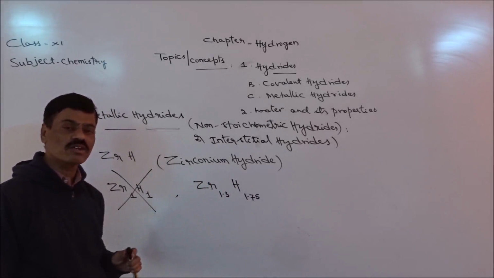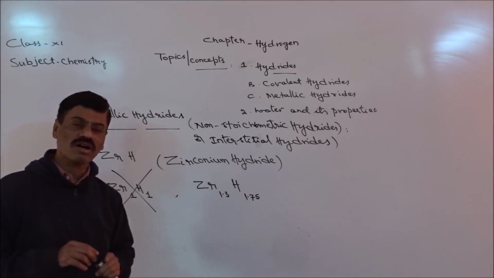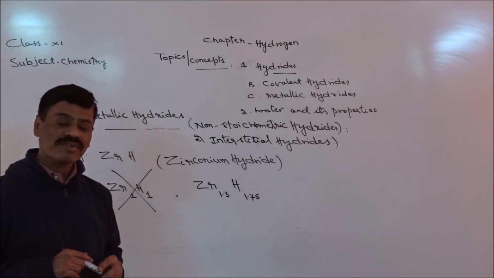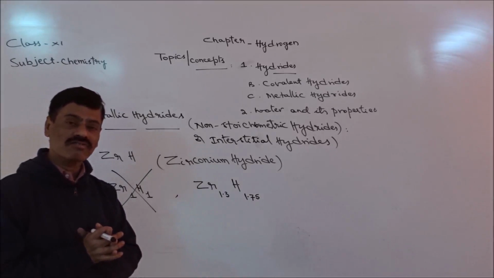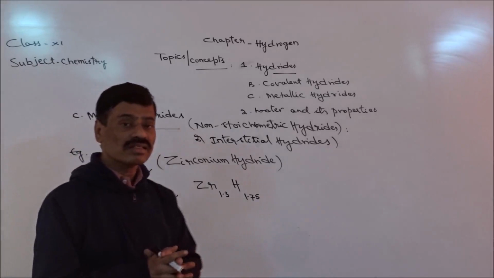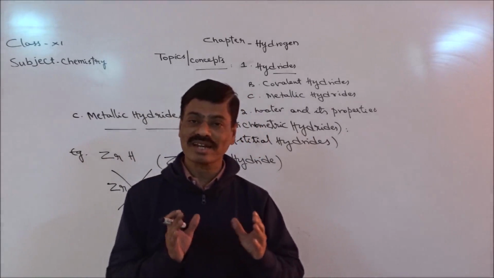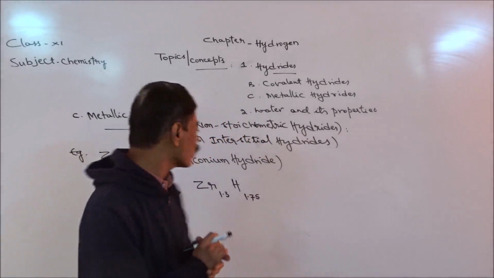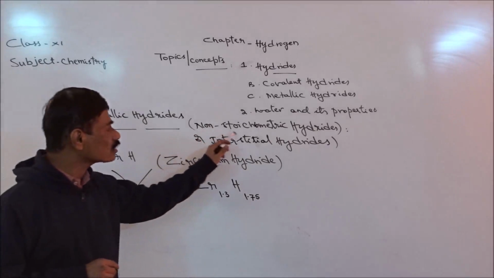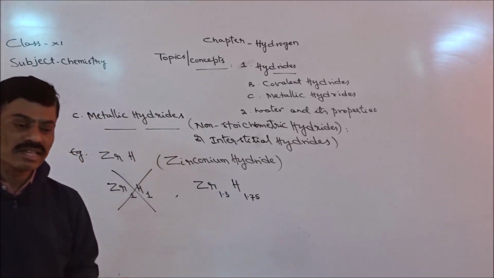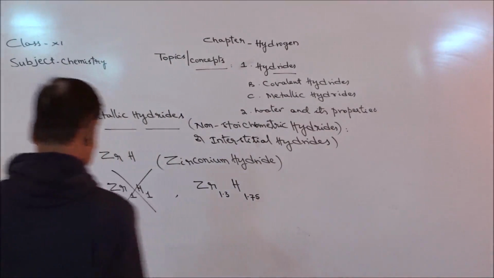So a non-stoichiometric hydride is one wherein the real or actual ratio of different atoms of the elements present in it is not equal to the molecular formula of the compound, how it apparently looks. That is the reason why these metallic hydrides are also known as non-stoichiometric hydrides. So that's about the chemistry of hydrides.